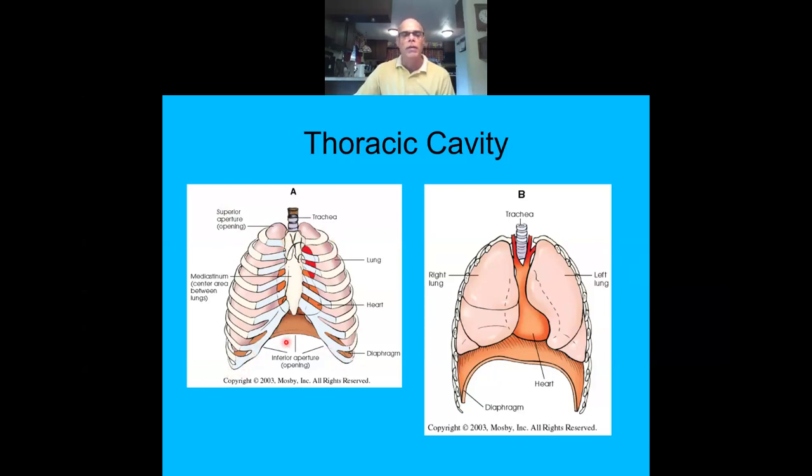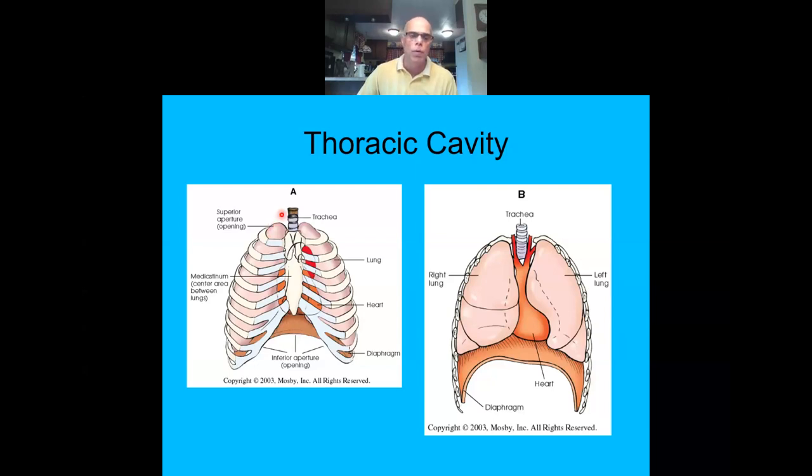So we also have an area down here where the thoracic cavity is open, obviously the rib cage, if you want to call it. There's an opening down here, and obviously this here is your diaphragm. Your diaphragm is your muscular organ that helps push the air up and down in your lungs. So you have your inferior aperture, and then you have your superior aperture up here, and these are able to allow the lungs to expand.